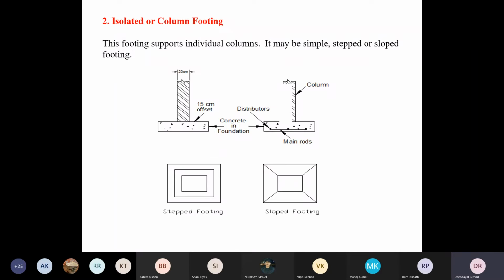Okay, in the isolated footing, we provide a footing. The footing can be square or rectangular. Over that we connect the column, and from the column it is connected to the slab, and over the slab we'll construct a wall.